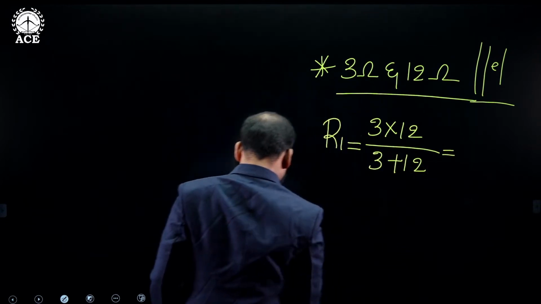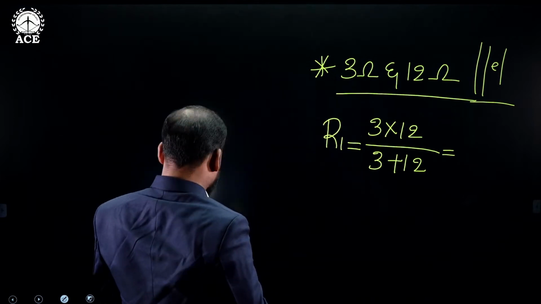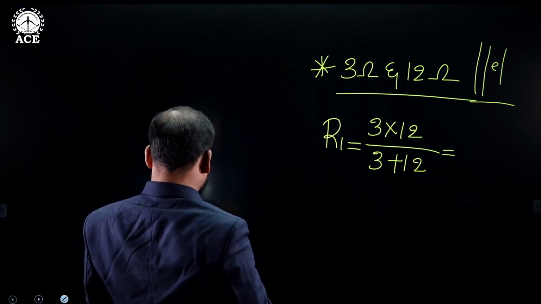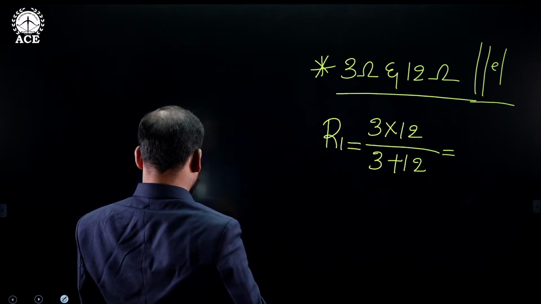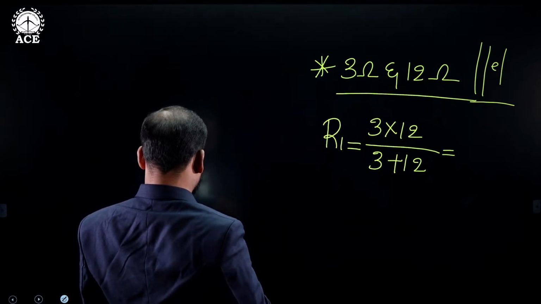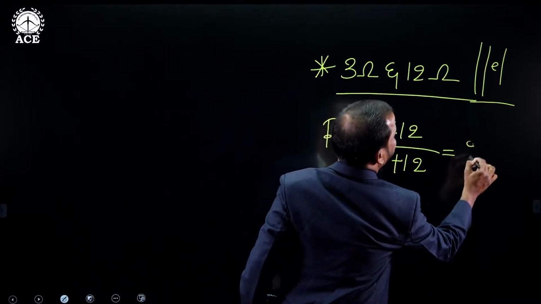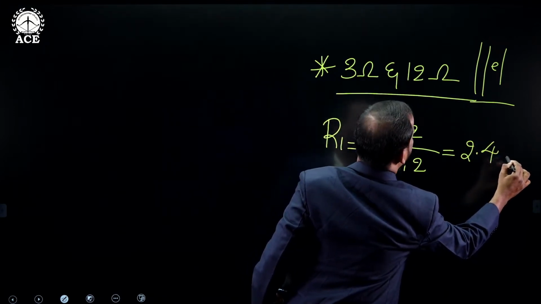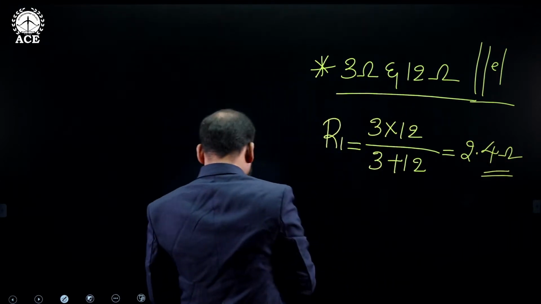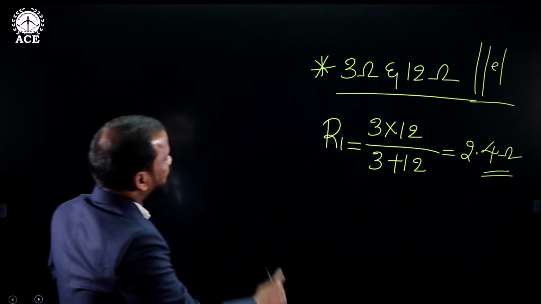So what is the value of this? 3 into 12 divided by 3 plus 12 gives you 2.4. I am using a scientific calculator for finding exact values. Now R1 is clear.